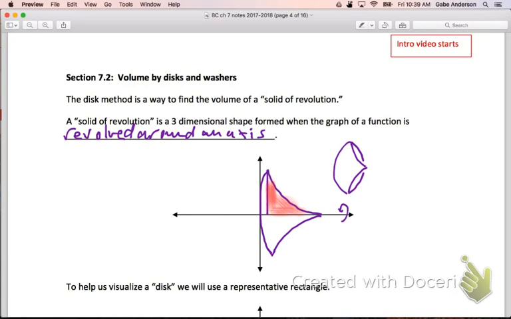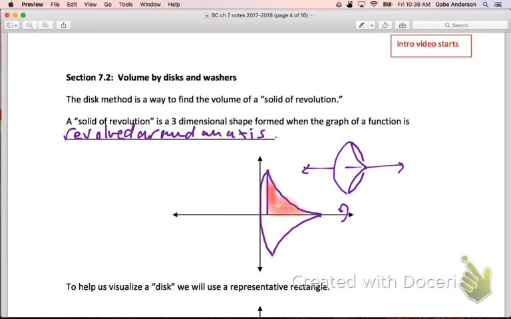The x-axis in this case would be coming straight out at us, and then going back into the region. So what we're basically talking about is finding these three-dimensional solids and figuring out what their volume is. We can figure out the surface area, things like that. But we're just going to be focusing on volume here in this section.